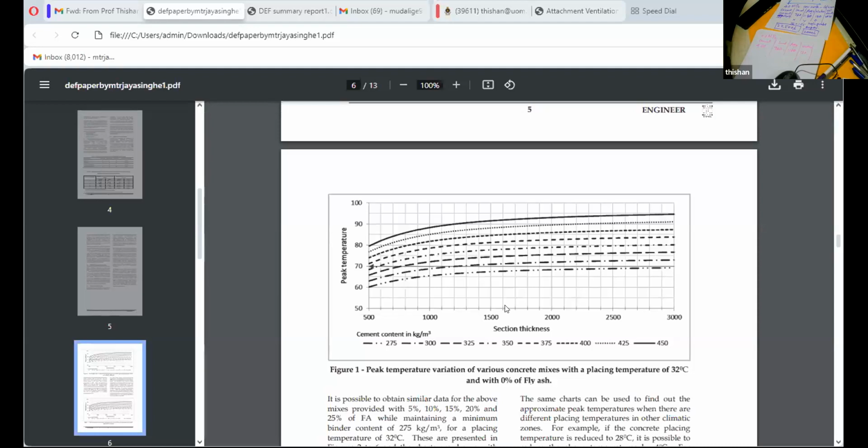Right? So you can see this is a very valuable chart for the design engineer. When he selects, he will not blindly select the cement content, he will not blindly select the grade of concrete, he will be fully aware of the difficulties of the construction contractor and he will address all those difficulties at the time that he's designing.